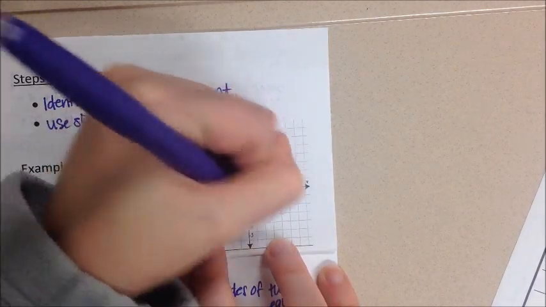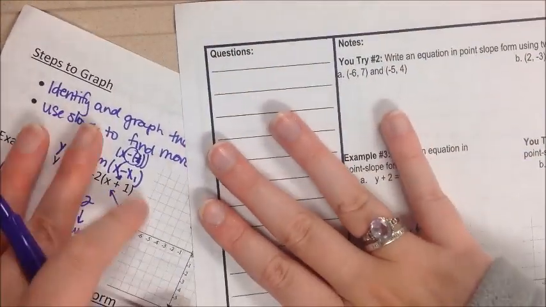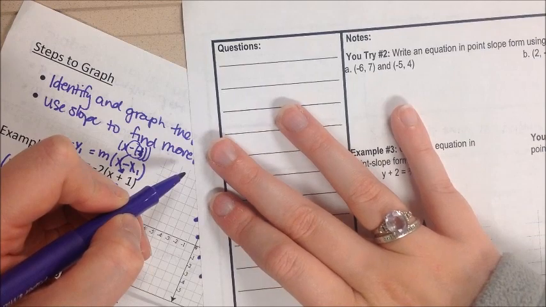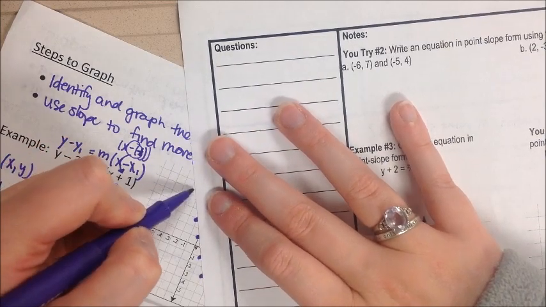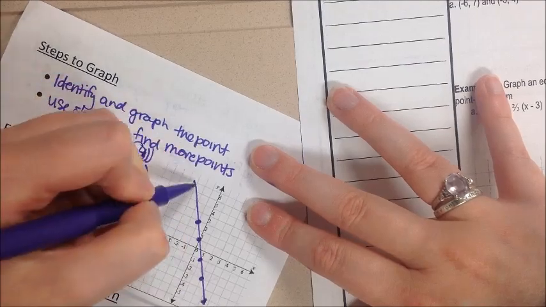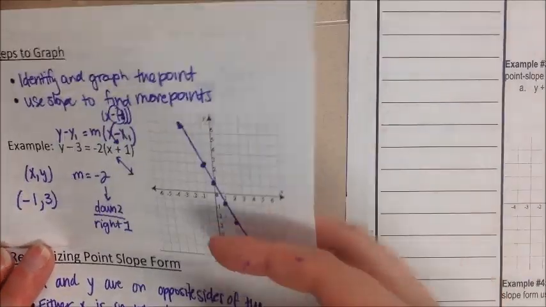Down 2, right 1. I'm going to go again just to give myself an extra point. And then I'm going to draw that line. So that's how you graph. You figure out what the point is, and then you use slope to find more points.